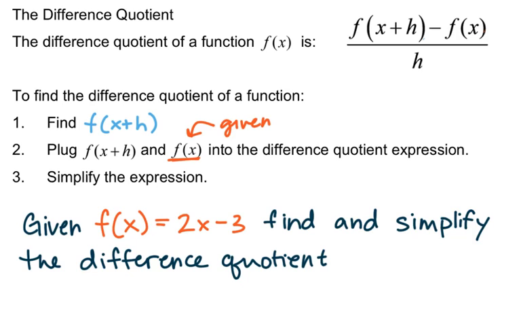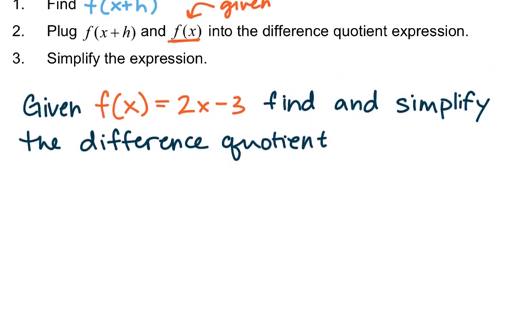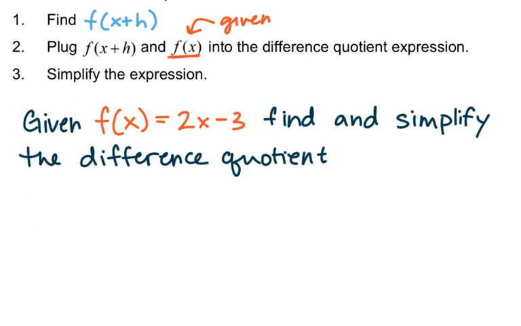So the example that we're going to work with here is, given this function f of x equals 2x minus 3, we're going to find and simplify our difference quotient expression. So the first thing we need is to know what f of x plus h is. That means we're taking the function and instead of x, we're going to write x plus h. We are plugging the expression x plus h into the variable x.